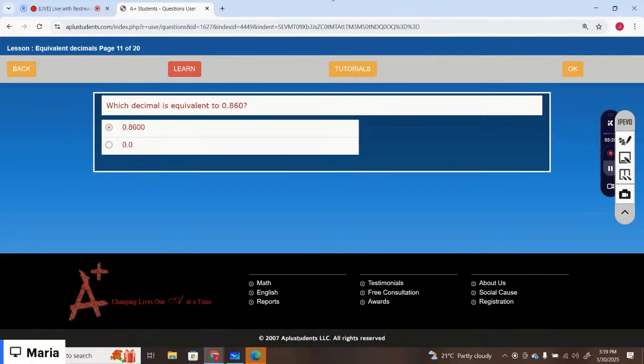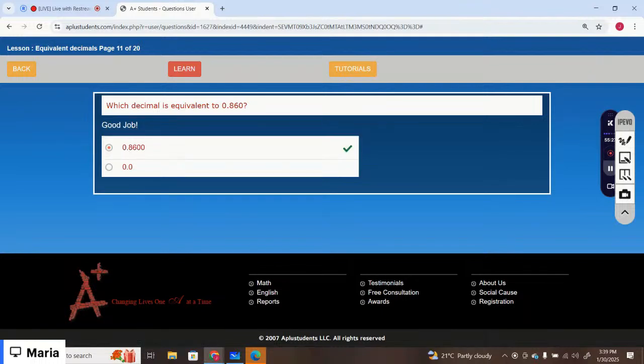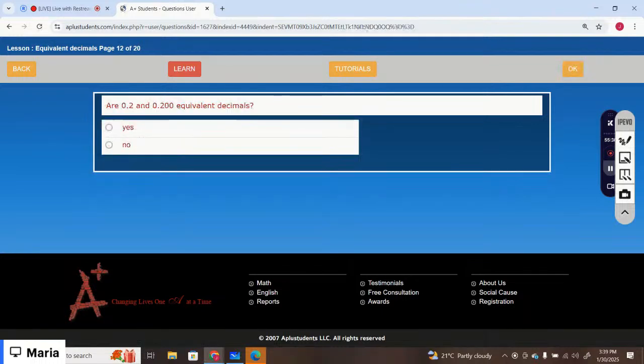That is option number 1, that is 0.8600. Are 0.2 and 0.200 equivalent decimals?